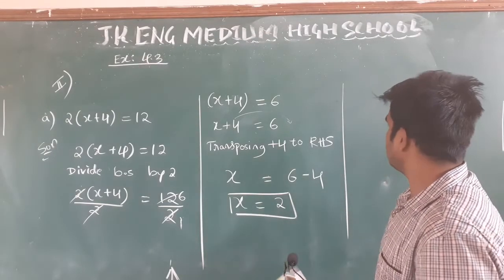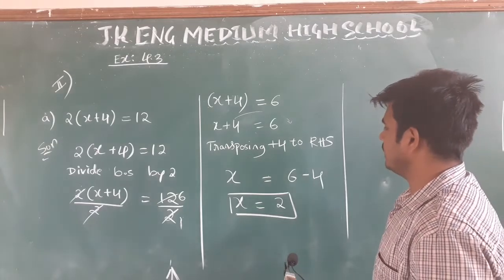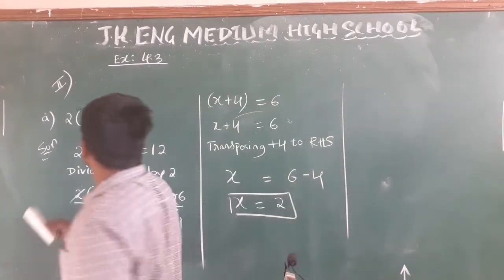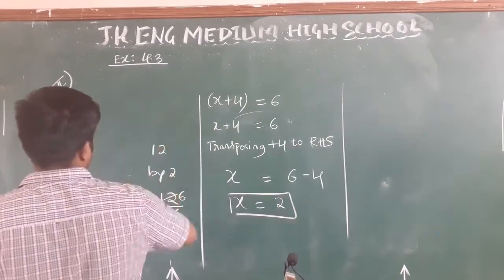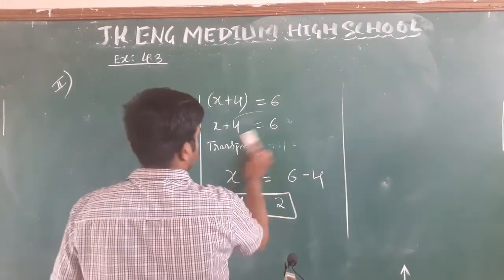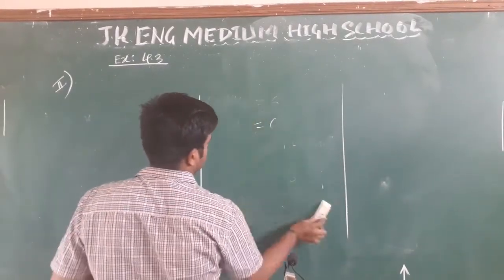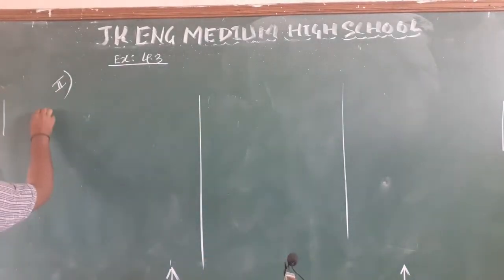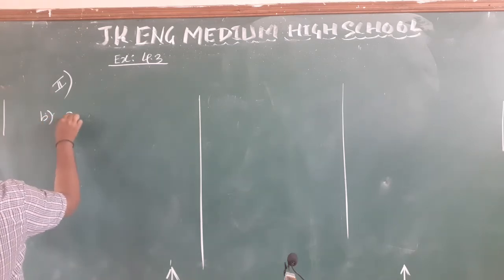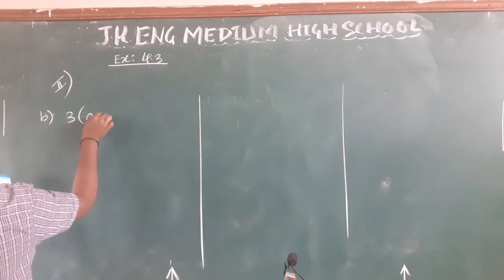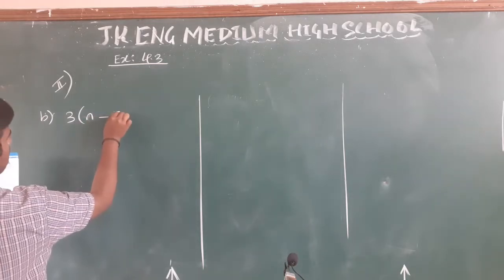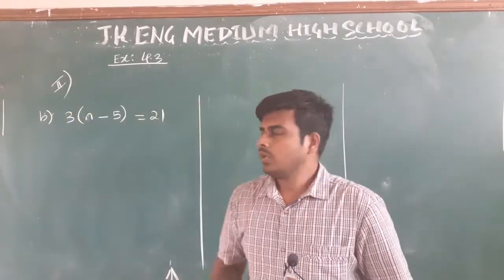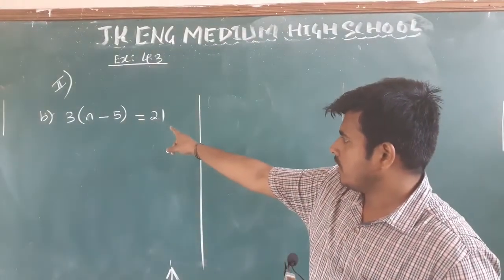In a very similar way, B question. 3 into (n minus 5) equal to 21.